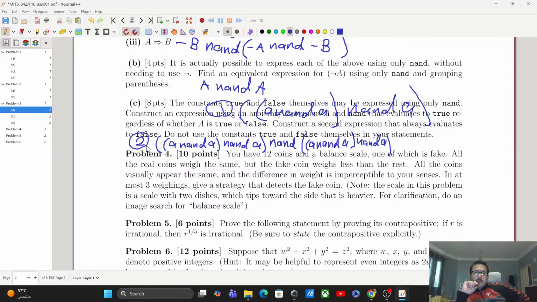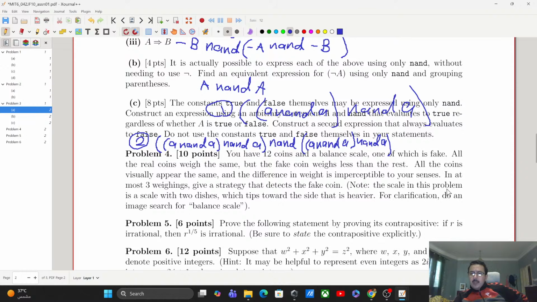All the coins visually appear the same, and the difference in weight is imperceptible to your senses. In at most three weighings, give a strategy that detects the fake coin.